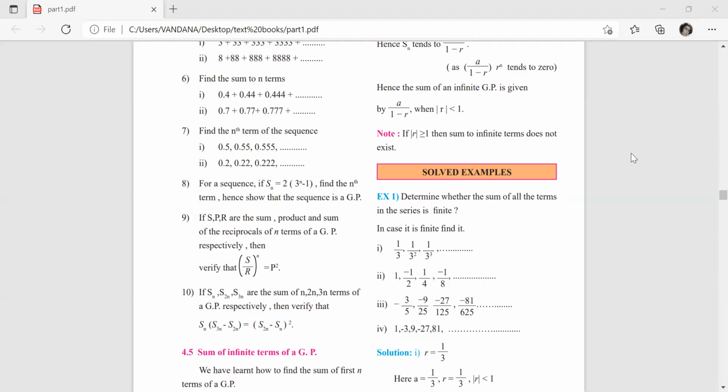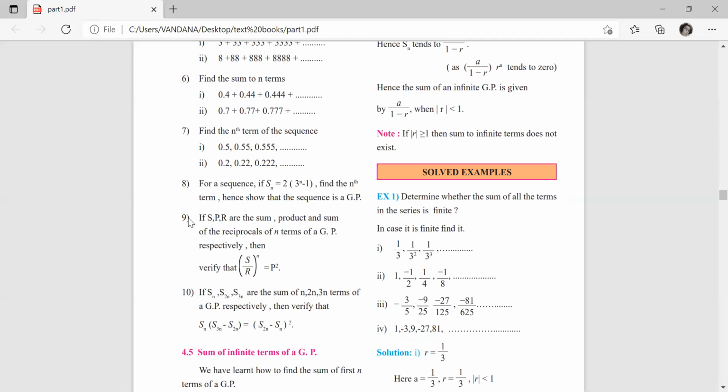10 sum. If Sn, S2n and S3n are the sum of n, 2n, 3n terms of GP respectively, then verify that Sn into S3n minus S2n is equals to S2n minus Sn bracket square. Question number 10.